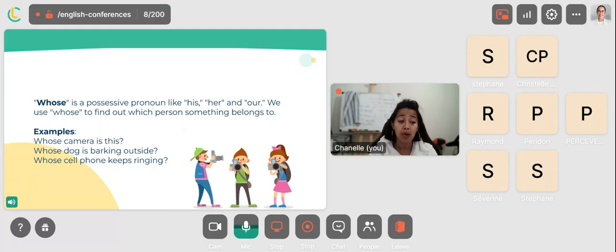Whose cell phone keeps ringing? Another tip is there will always be a noun that follows whose. So whose camera, whose dog, whose cell phone. It is always accompanied by a noun.